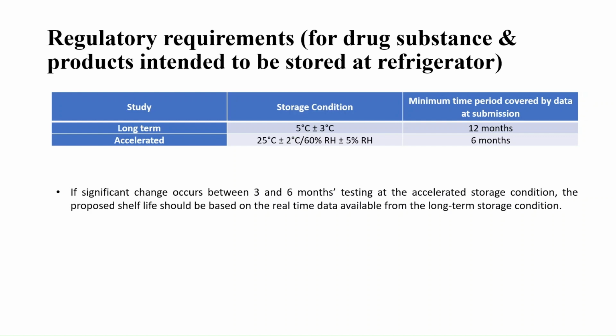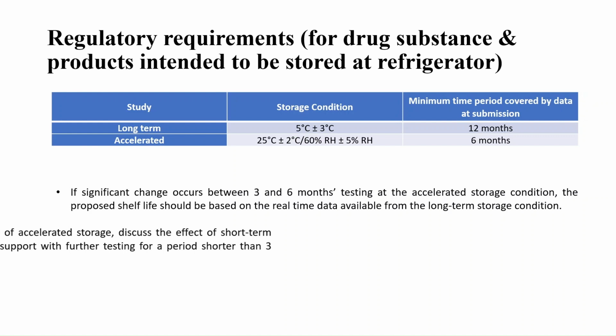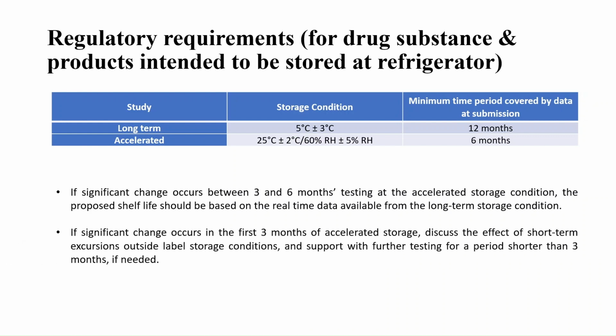Now, how this extrapolation is done, I am going to cover in my upcoming videos in detail. That is a separate video altogether. Now, suppose any significant change occurs within the first 3 months, then in that case, short-term excursion studies need to be submitted to the regulatory agency showing how your drug behaves if there is any change outside the label, because now it is very much susceptible to change, right?